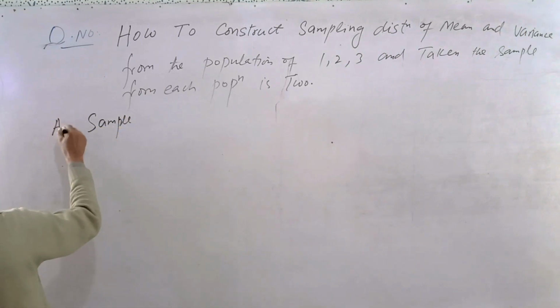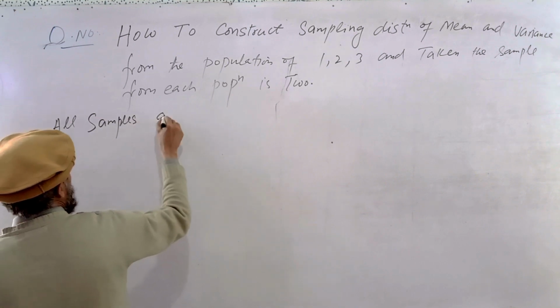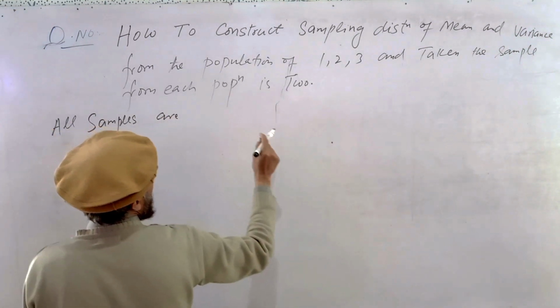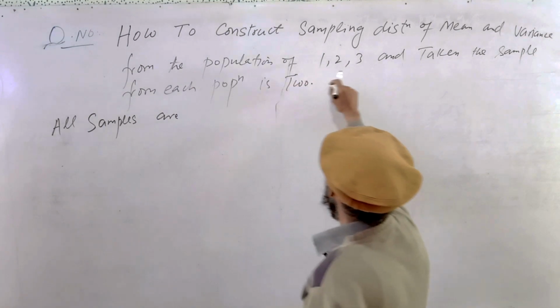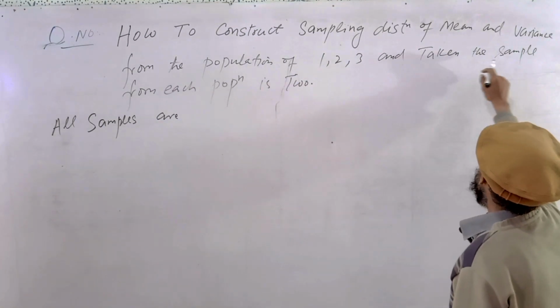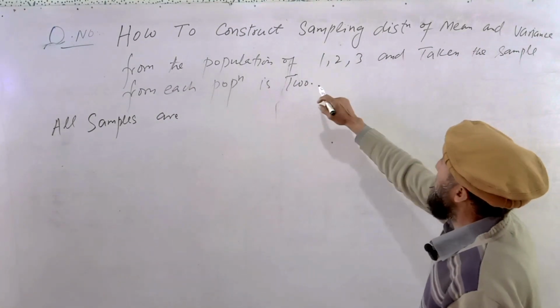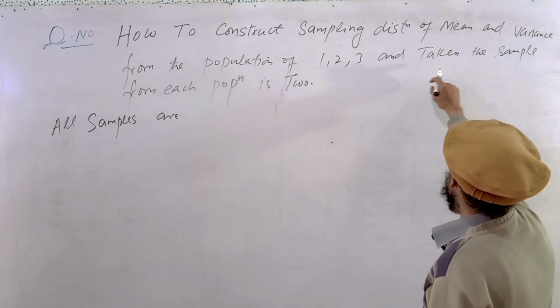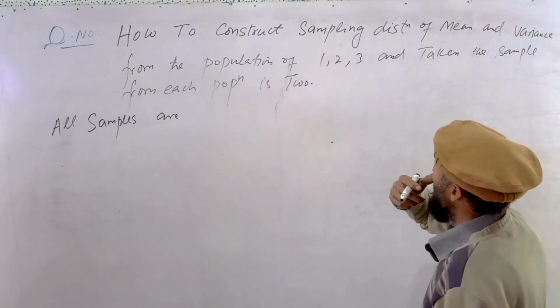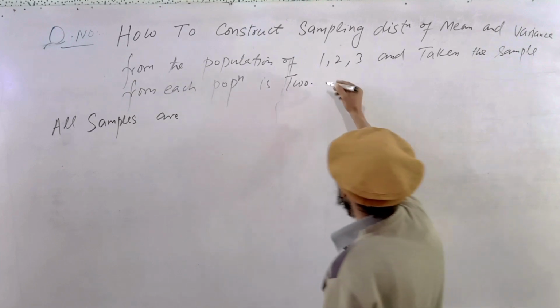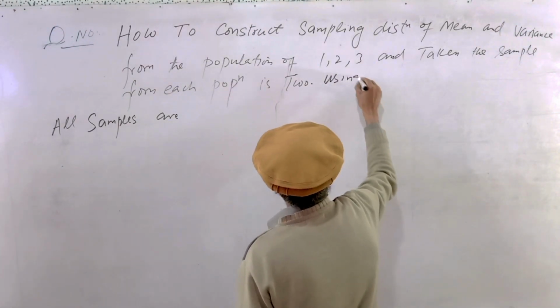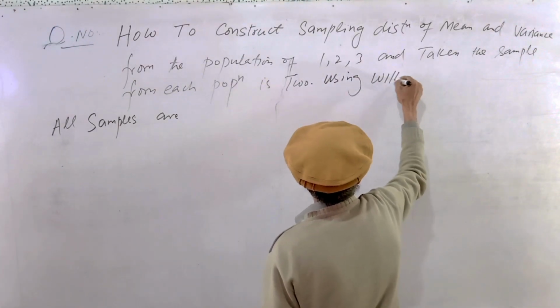All possible samples from the population 1 to 3, taking samples of size 2 from each population, using the with replacement case.